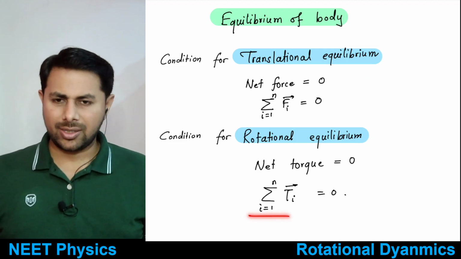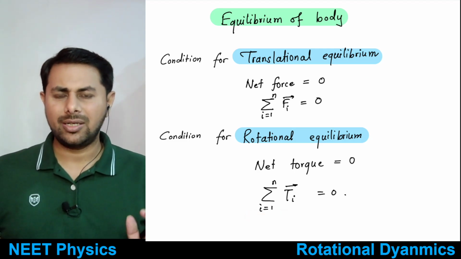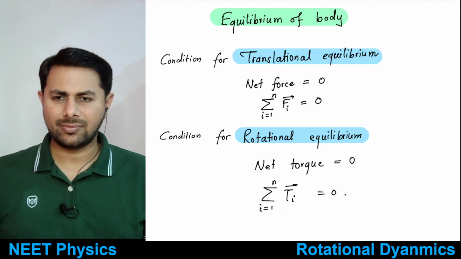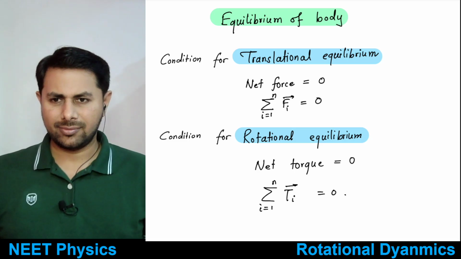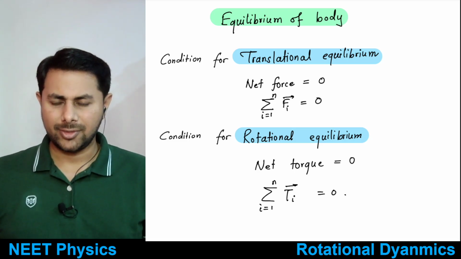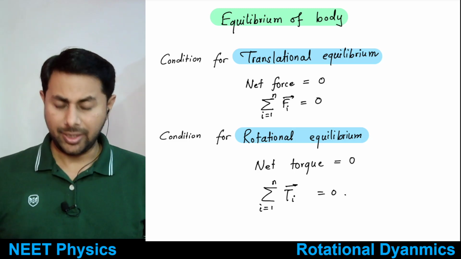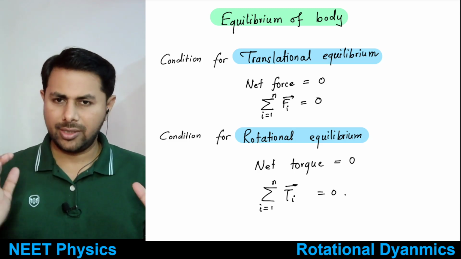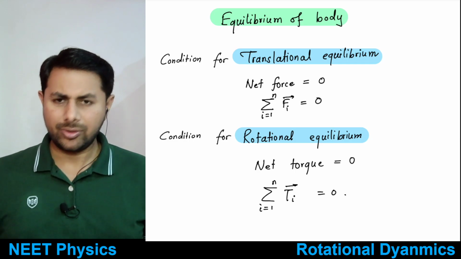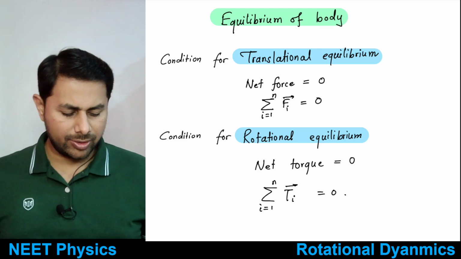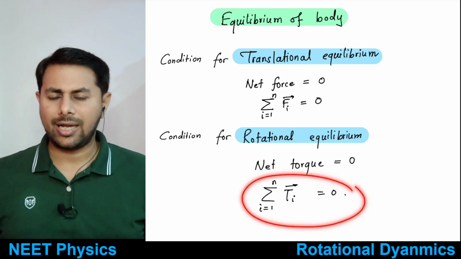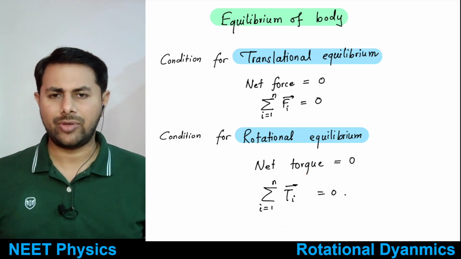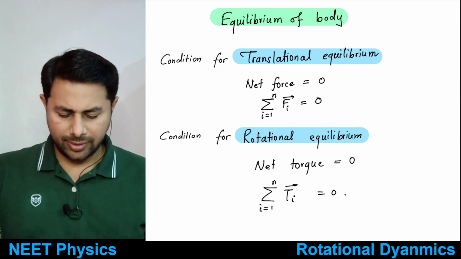If net torque is not equal to 0, then there will be angular acceleration. Is this point clear, everyone? Good. So for total equilibrium, the net force acting on the body must be equal to 0, and the net torque acting on the body must be equal to 0, right?